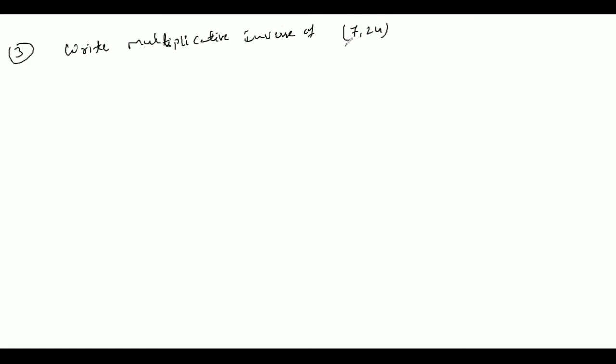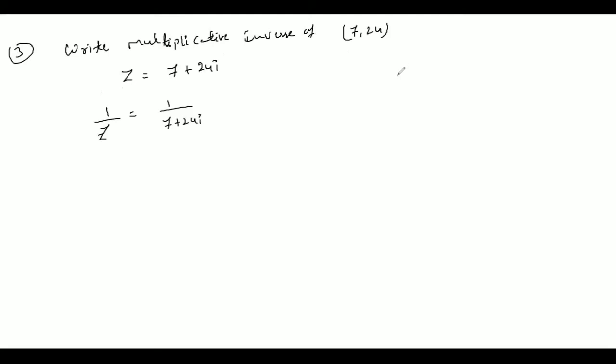First this one we have to write in the z equals a plus ib form. Okay, here z equals 7 plus 24i. We need to find the multiplicative inverse. The multiplicative inverse form is what? 1 by z equals 1 by 7 plus 24i.